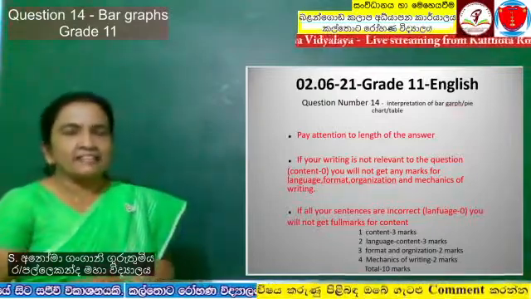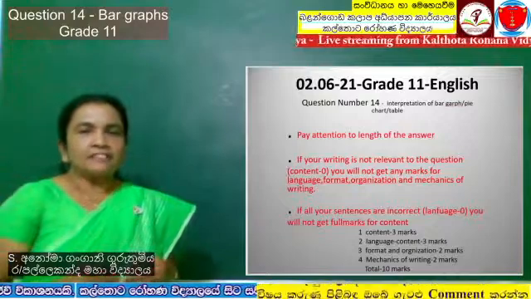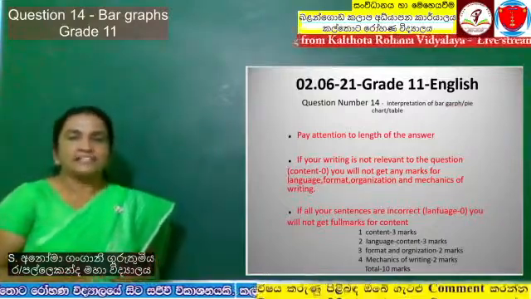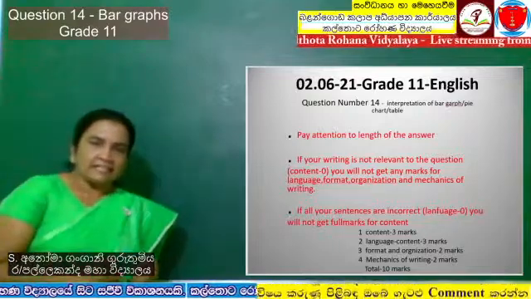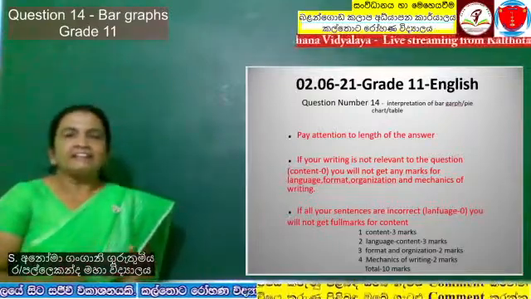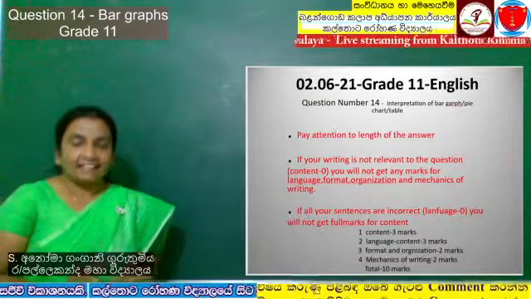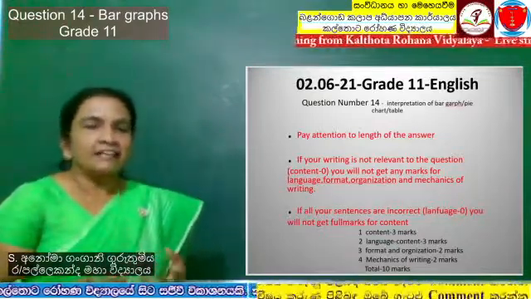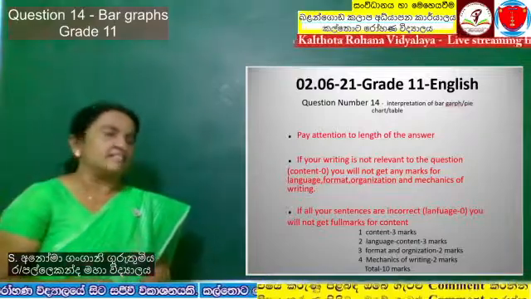Then the next point is that if all your sentences are incorrect, language is 0. That means if you can't write any single sentence grammatically correctly, you will not get full marks for content.